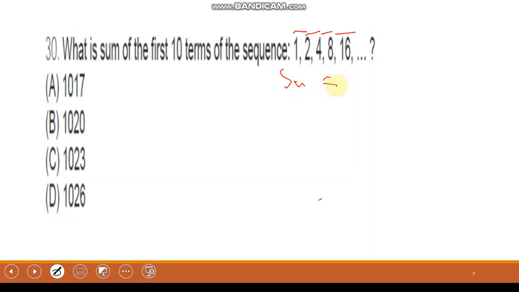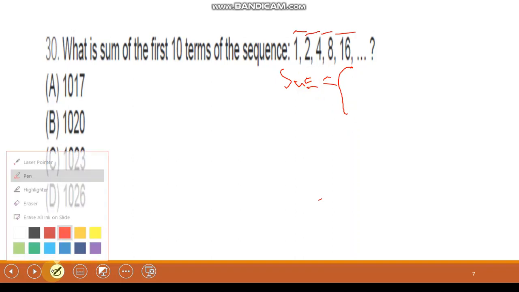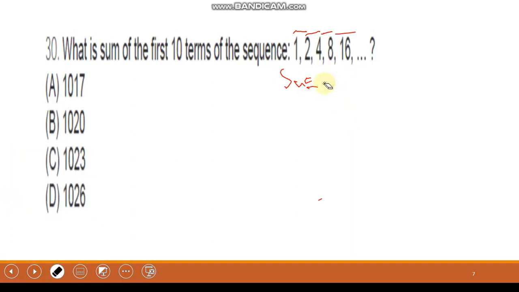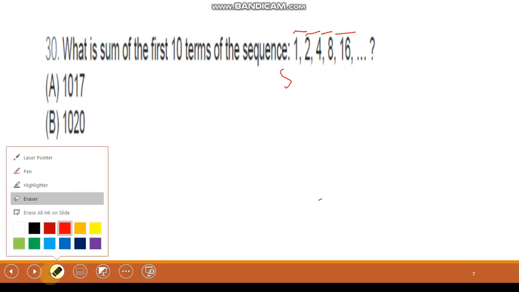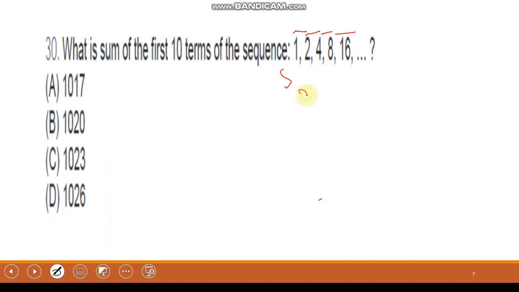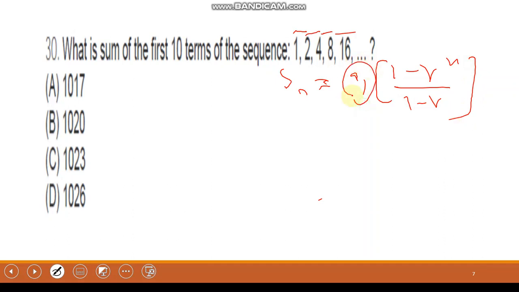Sn is equal to, this is the formula for a geometric sequence: Sn is equal to A1 times 1 minus R to the power n, divided by 1 minus R. This is your formula. What is A1 here? A1 is the first term, then A2, A3, A4, A5. This is the total terms. Now we are going to find 10 terms.